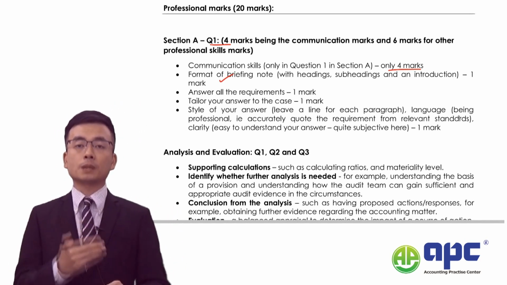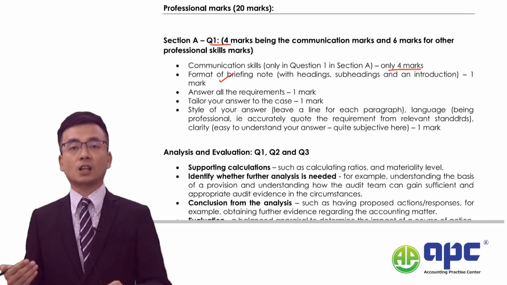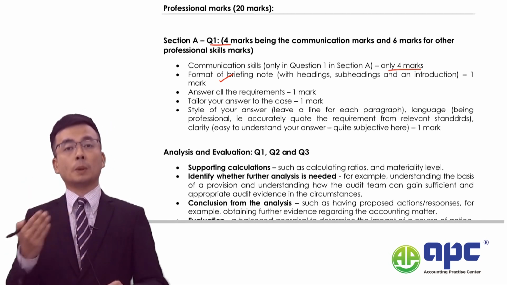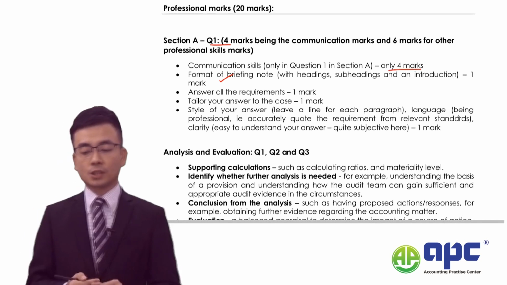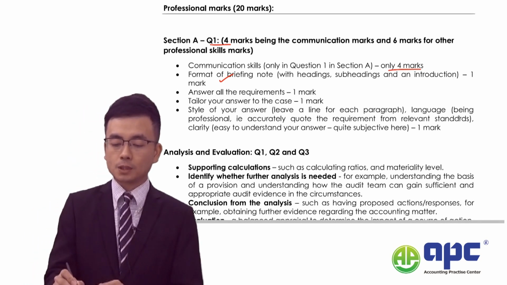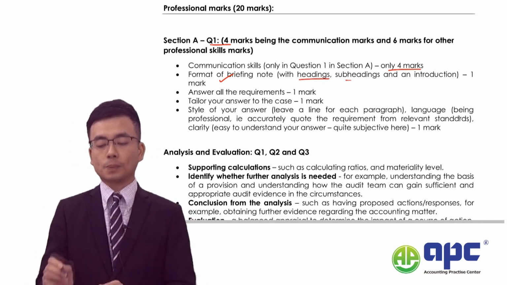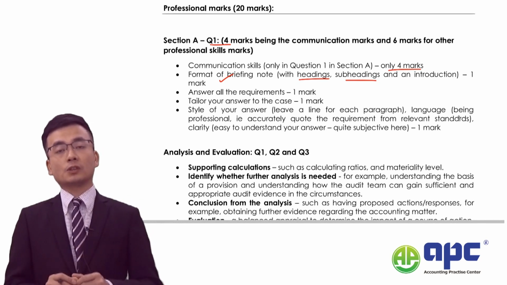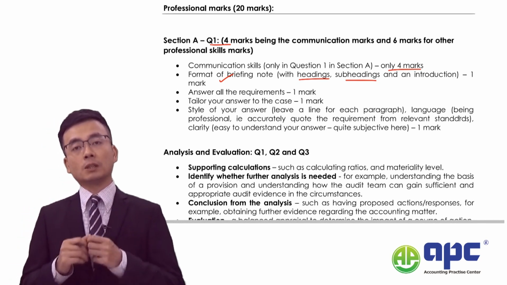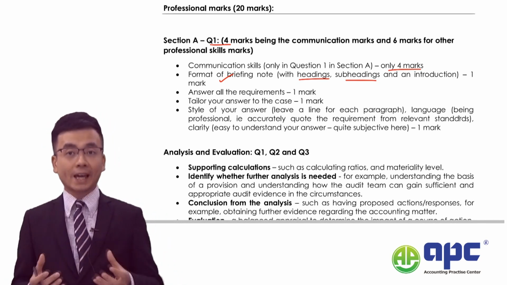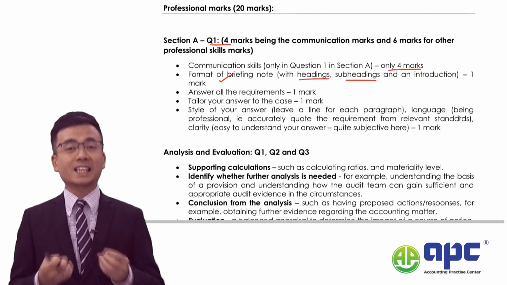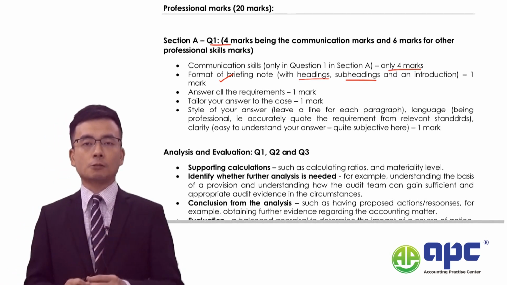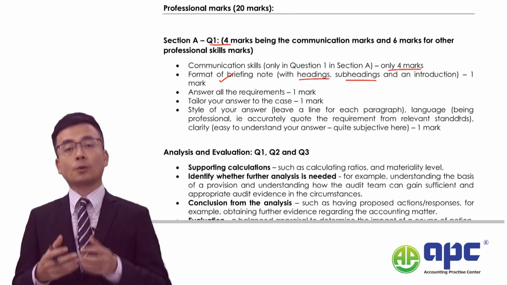So it will either be a briefing note, where you need to state a title, briefing note, or the report as your title. At the same time, you need to have headings and subheadings. I will always say to my students, the headings will be the requirement. And what you can do is extract the key words from the requirement and make them your own headings.